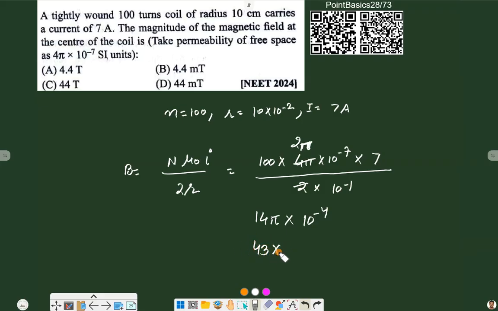We are just approximating here, into 10 raised to power minus 4, so it will be 4.3 into 10 raised to power minus 3. So 4.3 millitesla, that is near around option B for us. Moving to the next one.